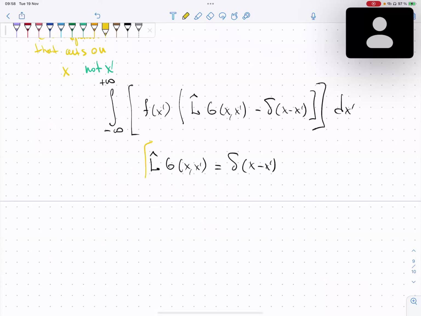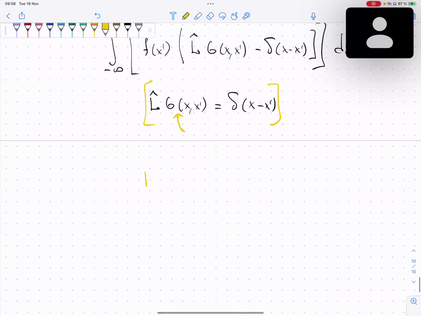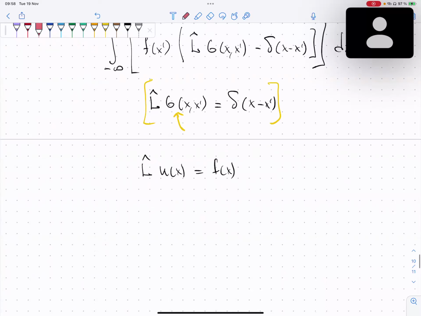So if we know this function g, we can basically solve this equation for any f of x, any function that we want.